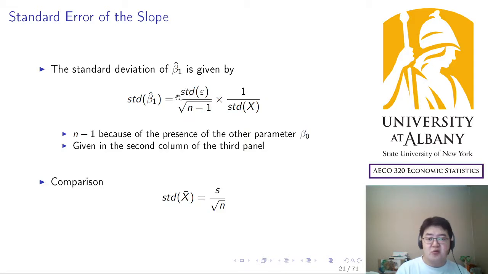First, the numerator has the standard deviation of epsilon, which is the amount of noise in the data, right? Epsilon is the noise, so it captures how much noise you have. And in the denominator, you have n minus 1. So as n increases, the standard error decreases. But what is strange here is that the standard deviation of x is here, right?